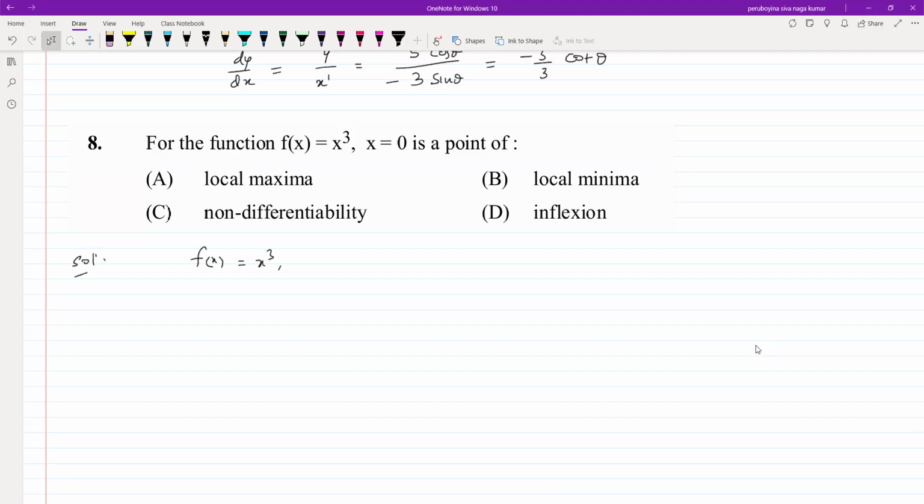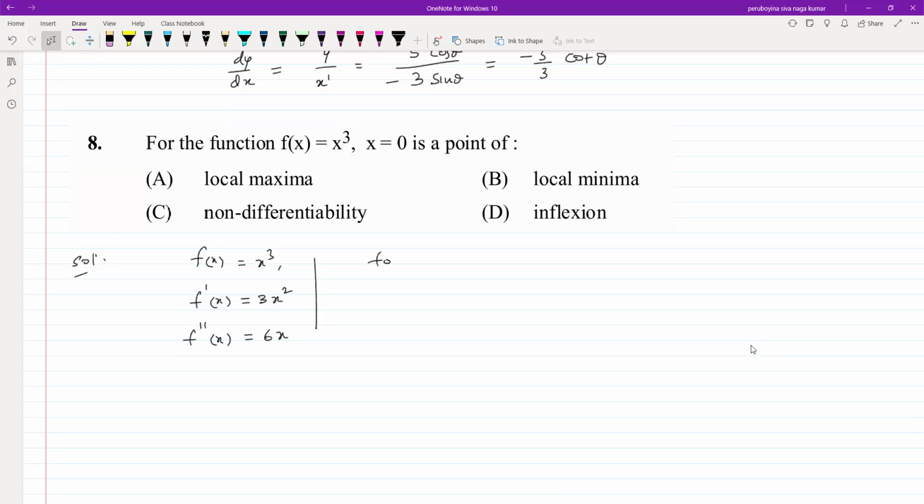So let us calculate f dash x, which is 3x square. And if you calculate f double dash of x also, then we will get 6x. Okay.